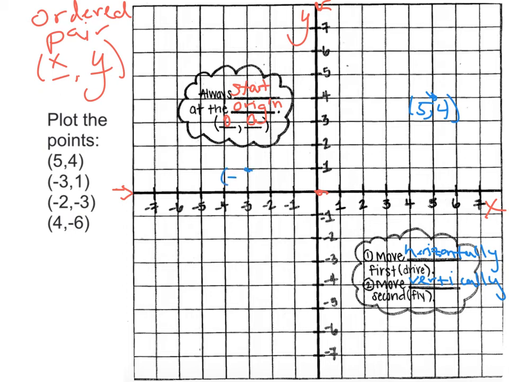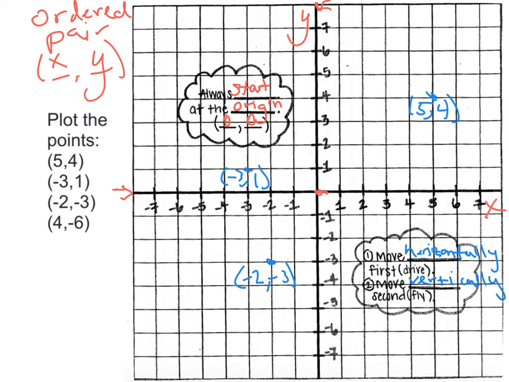-3 and 1. All right, I think you should pause the video right now and see if you can plot the points -2, -3, and 4, -6 on your own. Okay, now that you've had a chance to plot it on your own, let's see if you got it right. -2, -3 means we're going to go to the left 2, and then we're going to go down 3.